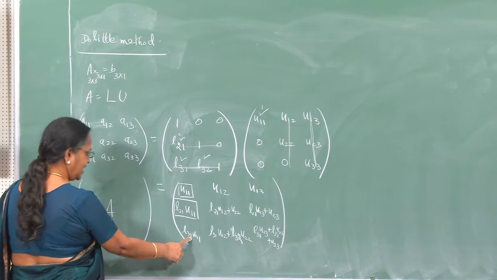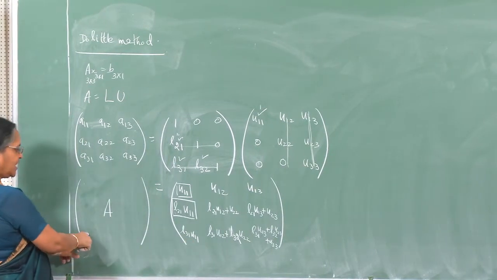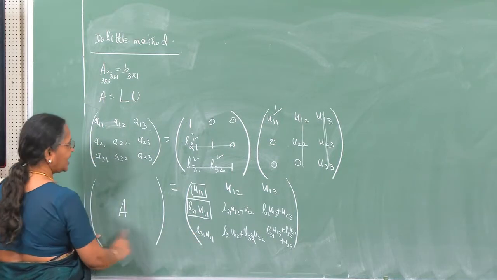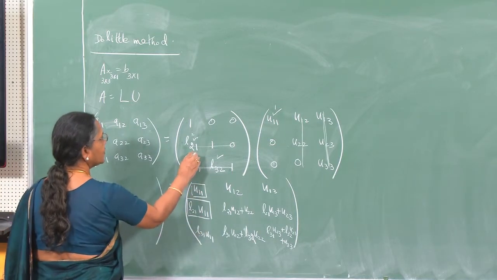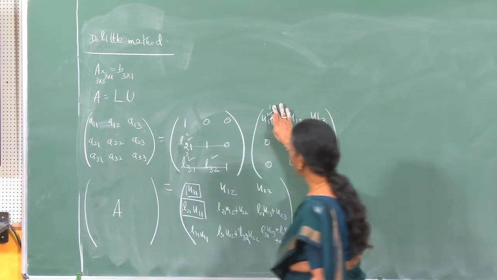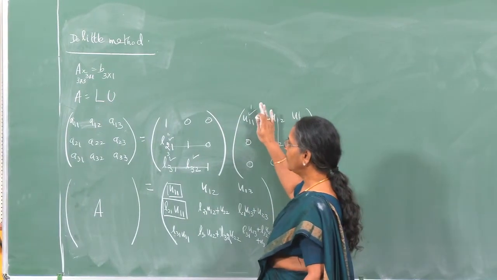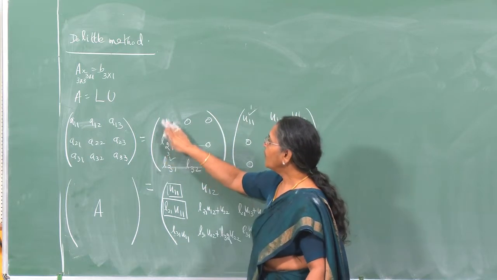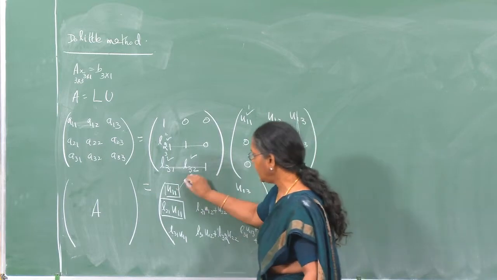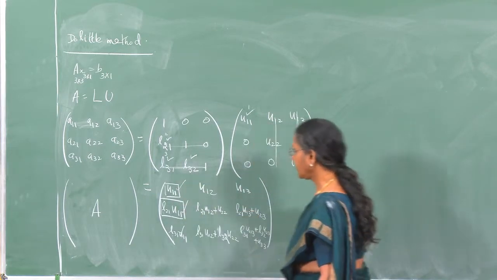Now, equate L31 U11 to A31. U11 is determined, so this will immediately give you L31. So, what did you do? You obtained the first entry in the upper triangular matrix and you completed the first column entries in the lower triangular matrix by making use of these.